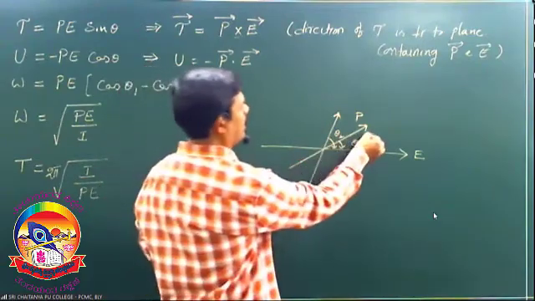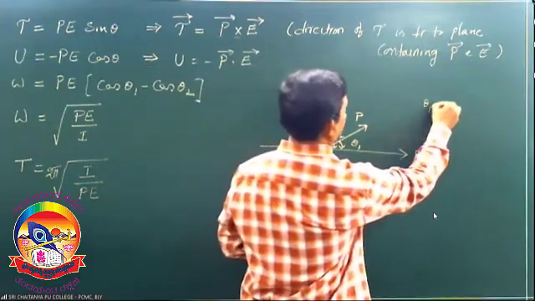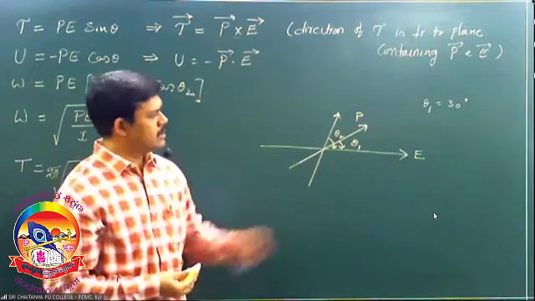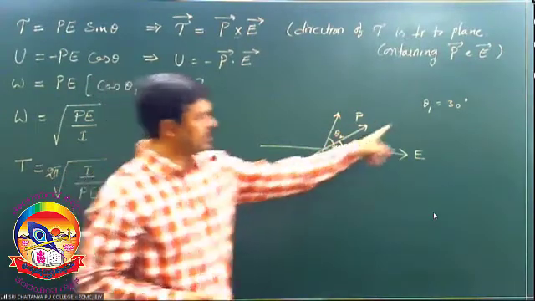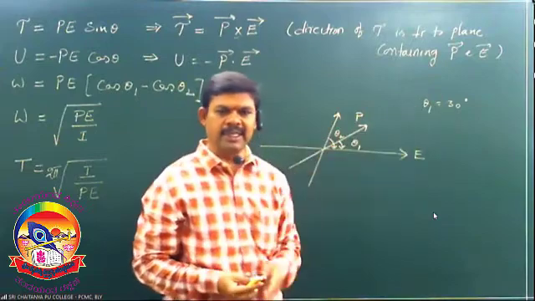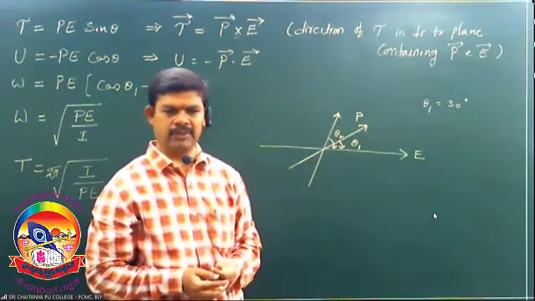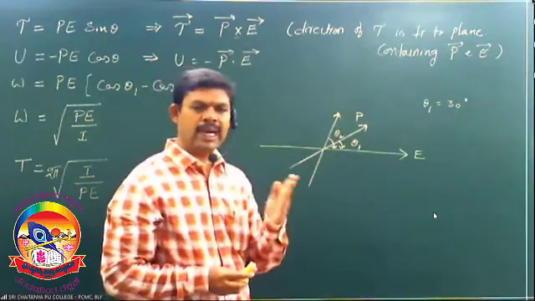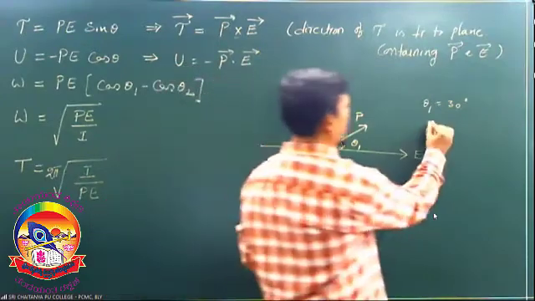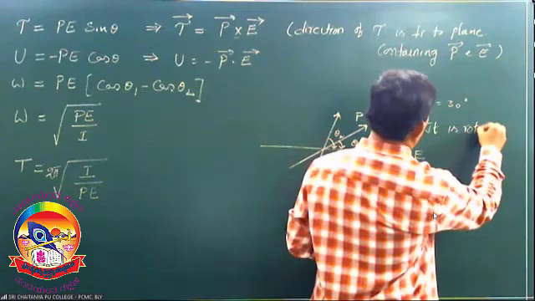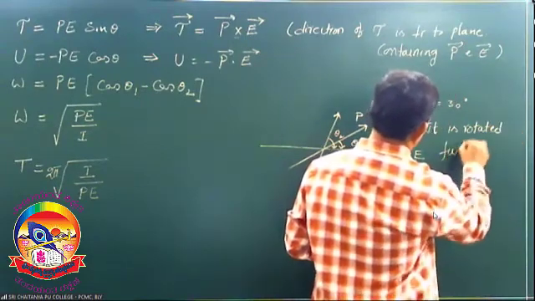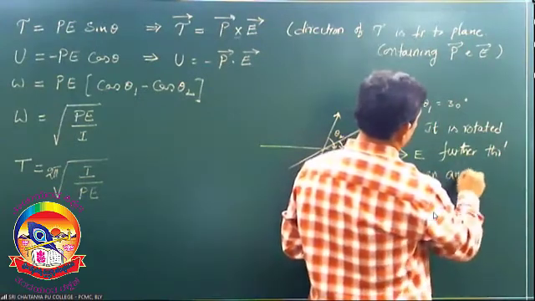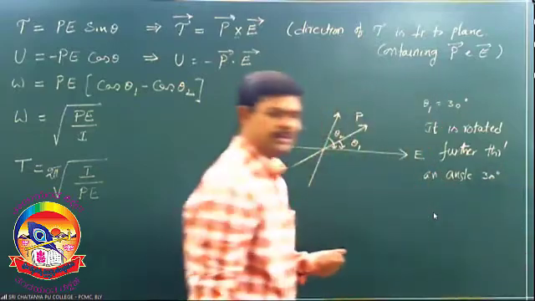We have one problem. Initially, the dipole is at a position making an angle 30 degrees with the field direction. Well, it is rotated further through an angle 30 degrees.